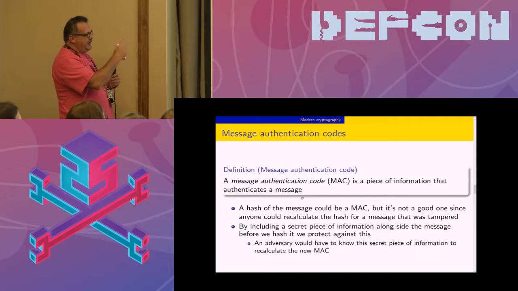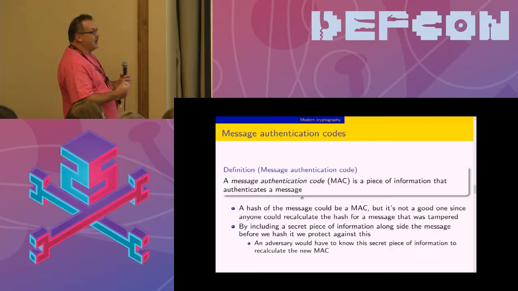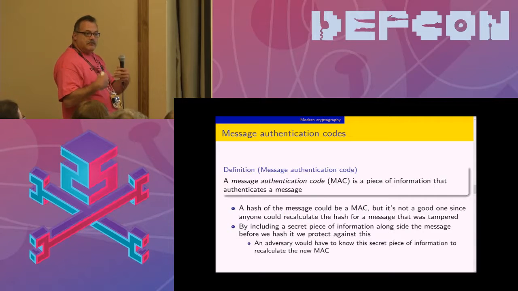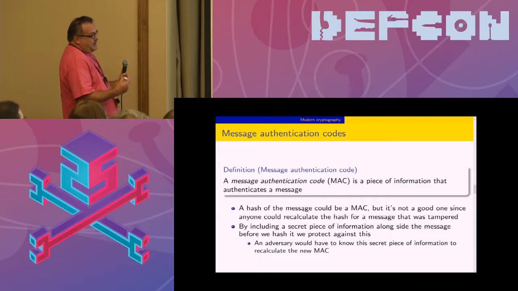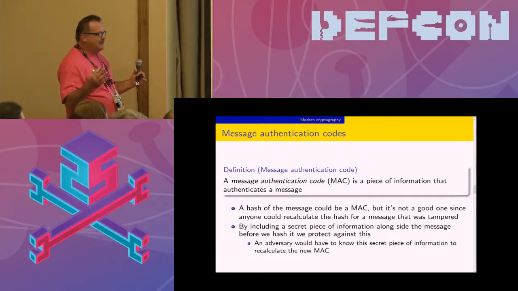Jeff uses message in his; I would say it's more correct to say frame or PDU or protocol data unit. So we could just do a hash of the message, of the signals or the data, and use it as a MAC. But of course, if we can see the actual signals, we can recalculate that hash. That doesn't mean anything.